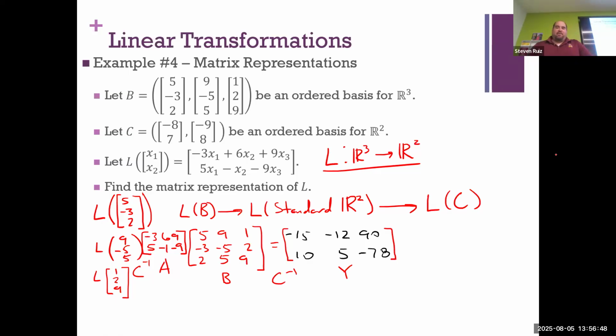So basically what I have now is C inverse, which is a matrix that goes from the standard basis to basis C, times A, which basically just describes the transformation L. C inverse times A times B equals C inverse Y. So I have a lot of different things going on here. Which one am I actually trying to isolate?